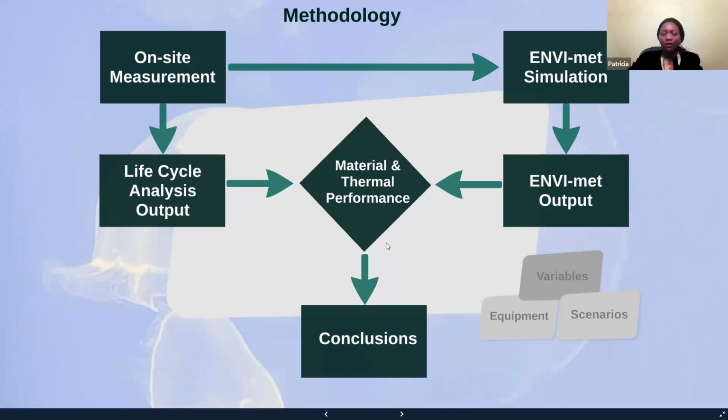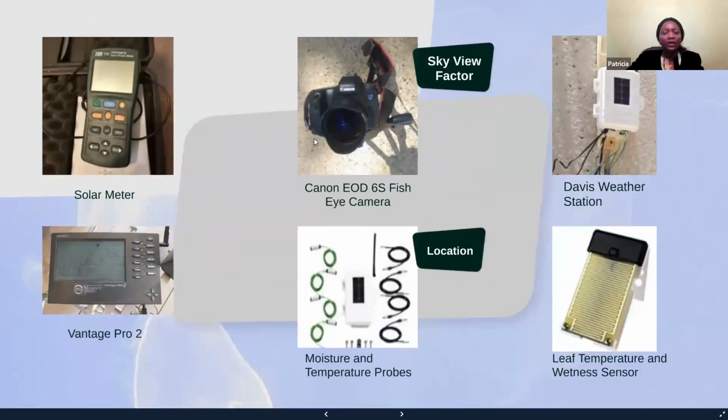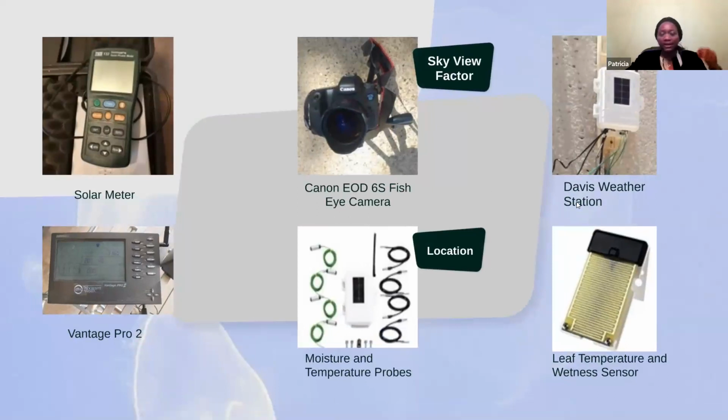So here we have parts to define this methodology. In order to get the data, I used this solar meter and the Canon fisheye camera to determine the sky view factor. We have a Davis weather station, which gives you a log of the data every 30 minutes, temperature and humidity.